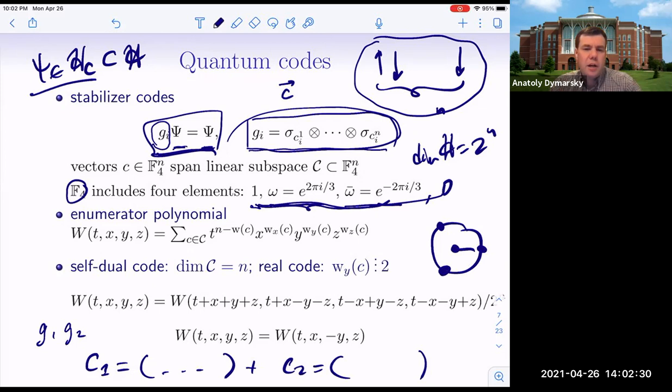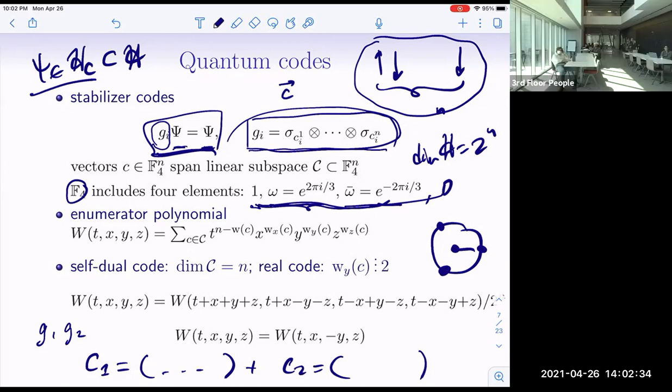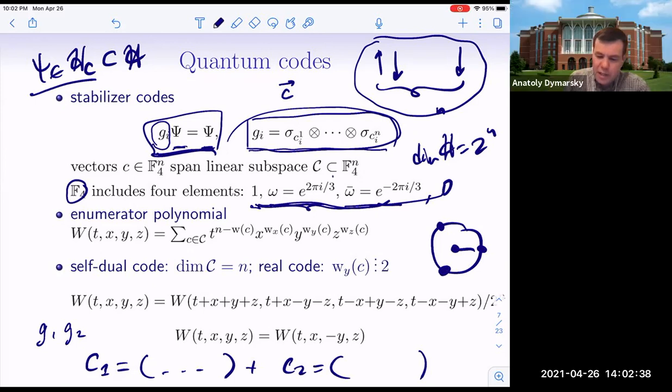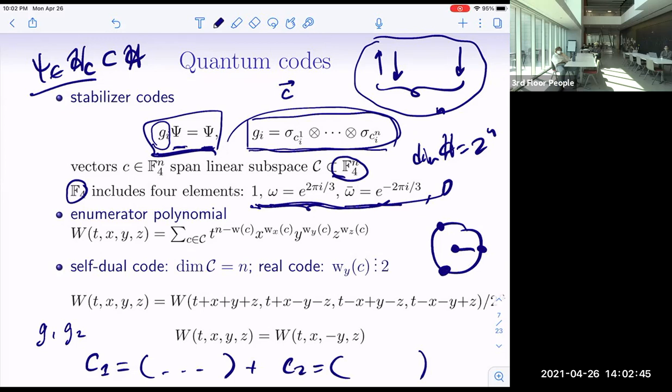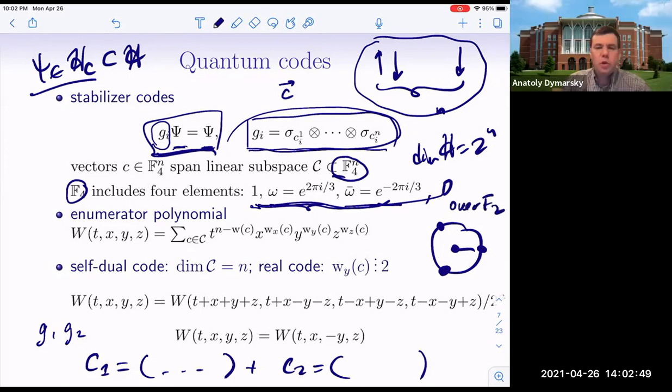And then this abelian group is mathematically equivalent to a vector space with elements in F4, and it should be understood as a vector space over the field F2. So you can only add, or multiply by 0 or 1.